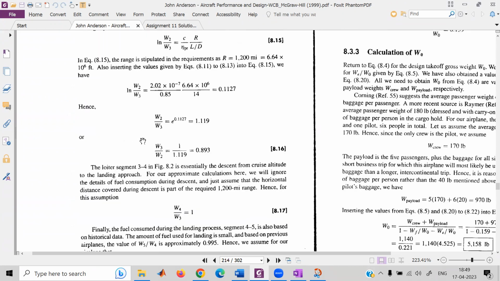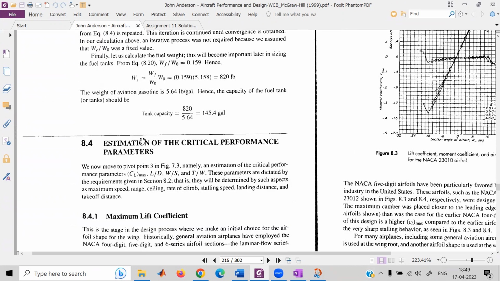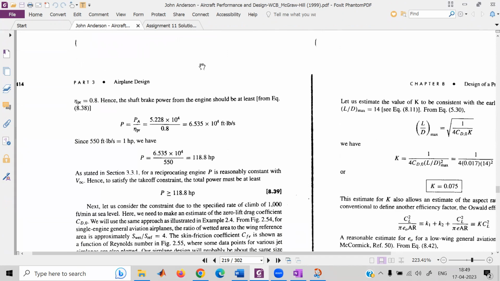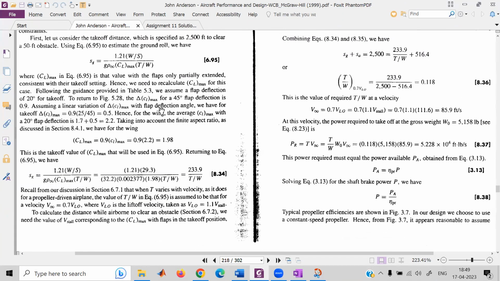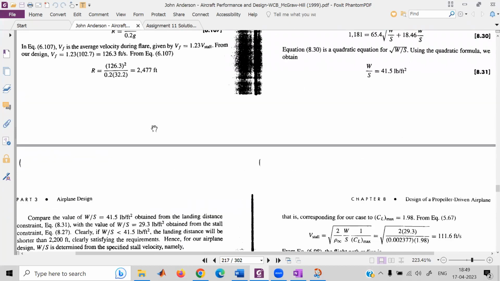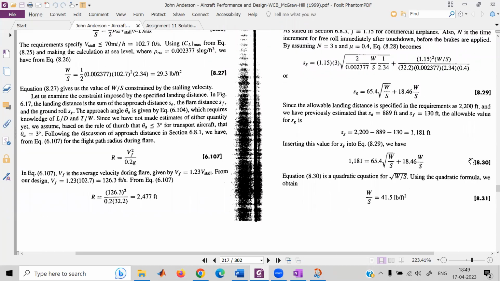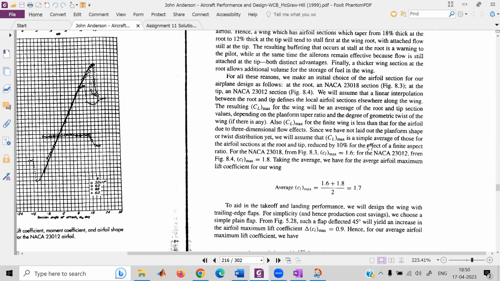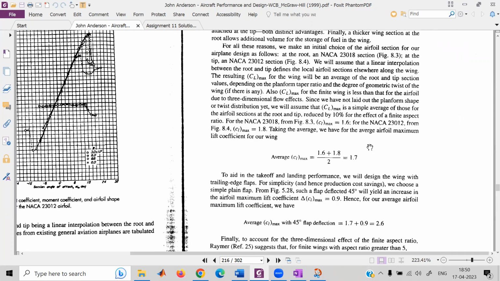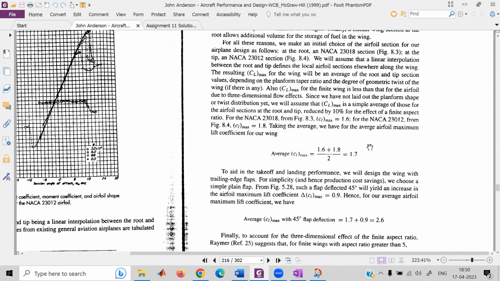Can you just show the CL part up above? I just need to see the CL of the aircraft. Yes, sir. Sir, they are taking the average. Okay, so they have chosen an aerofoil already.